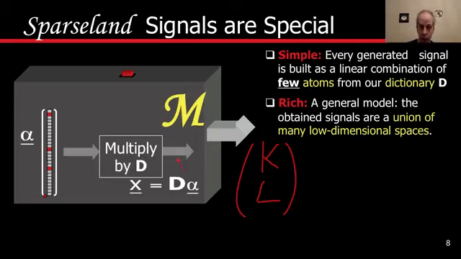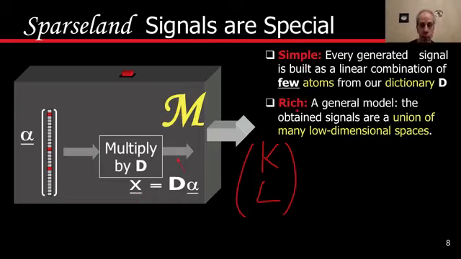Once we do that selection, the signal is just a linear combination of the corresponding atoms, and that's a linear subspace. But we have many of them, L out of k, a lot of them. So the model is extremely, extremely rich, and hopefully that will help us to represent basically any signal of interest.